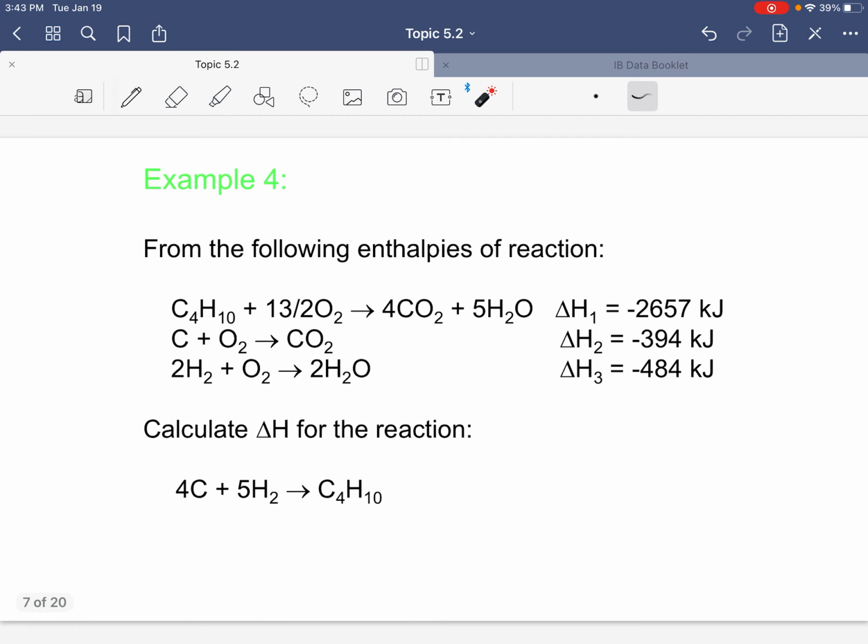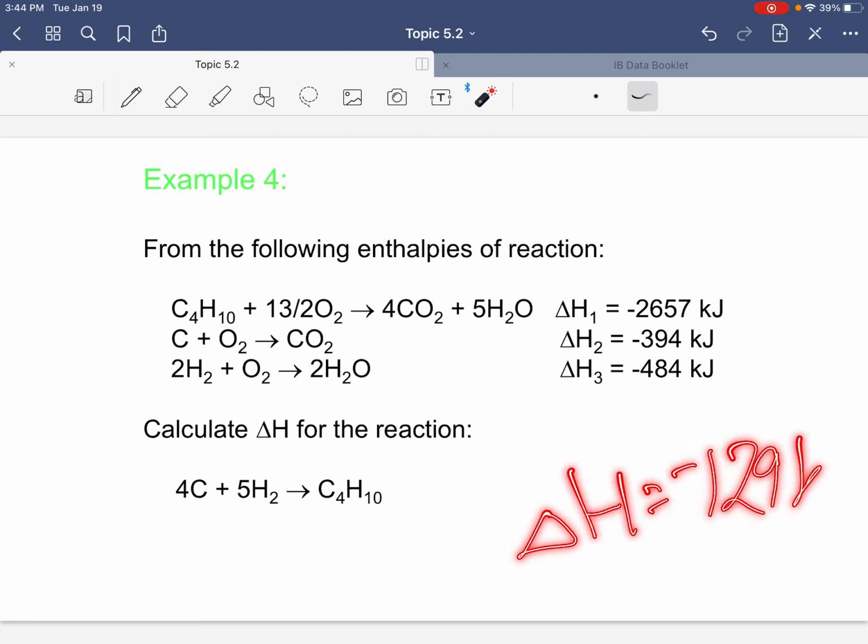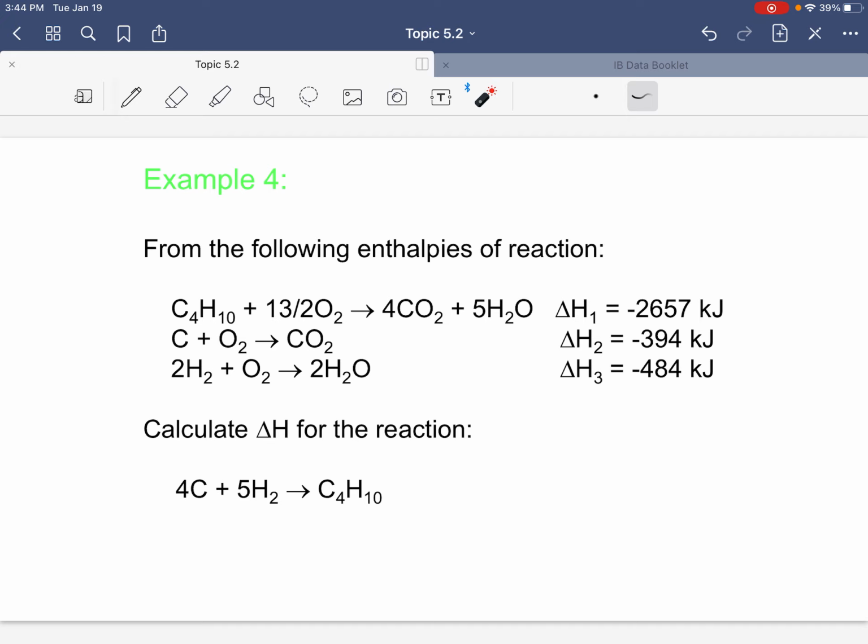Same thing with this. This one is going to be difficult too. Well, not really. You have to flip one of them. I wonder which one. And one of them you have to multiply by a fraction to make it work. But I can tell you right now, the answer for this is going to be negative 129 kilojoules per every 4 mole of C or 5 mole of H2.